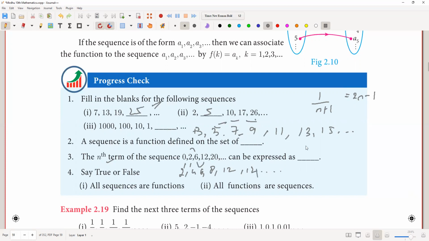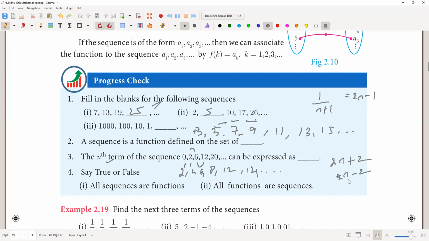If I put 2n plus 2, how come 0 comes here? With n equal to 1 it will not be fine, isn't it? Let's try 2n minus 2.